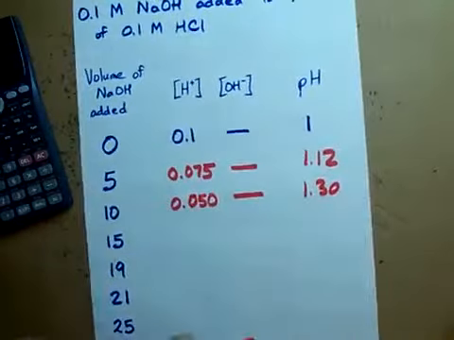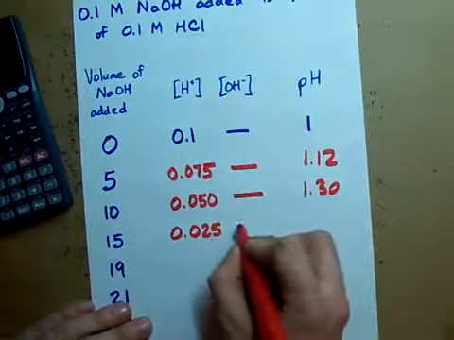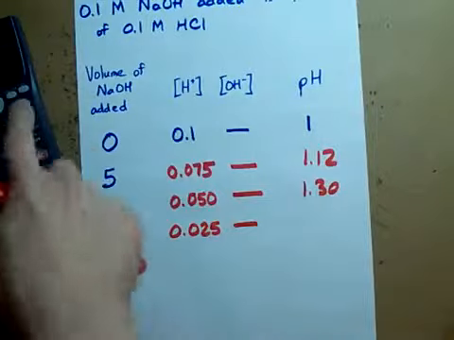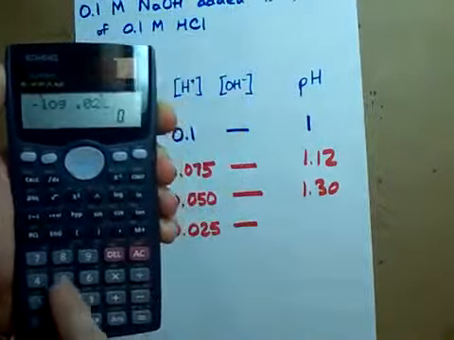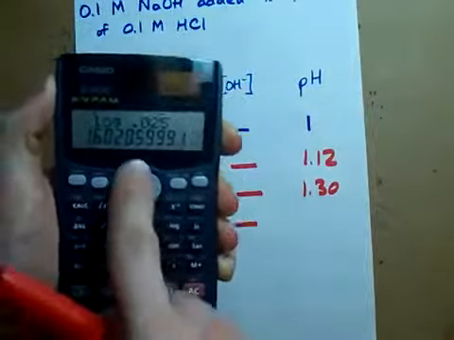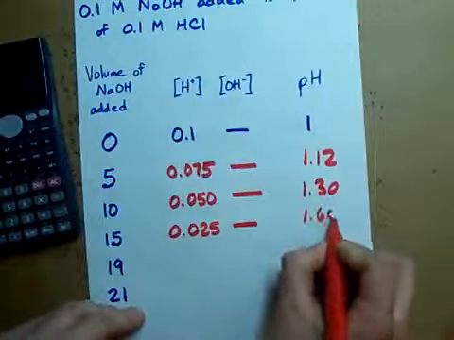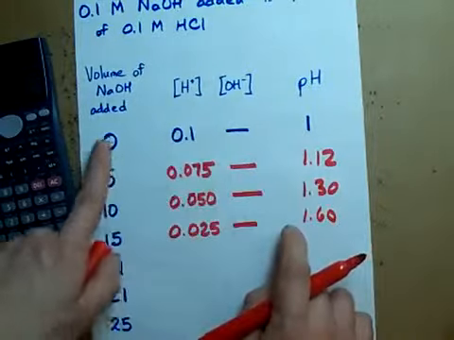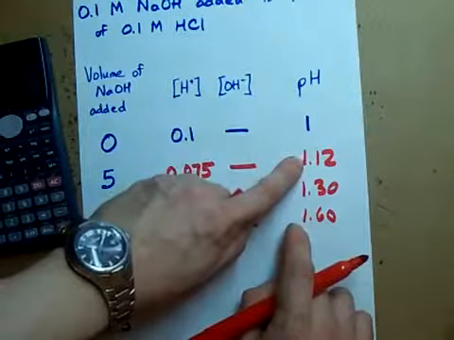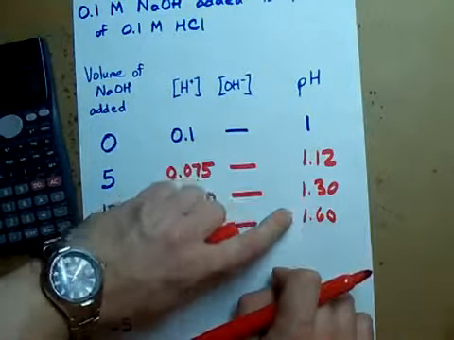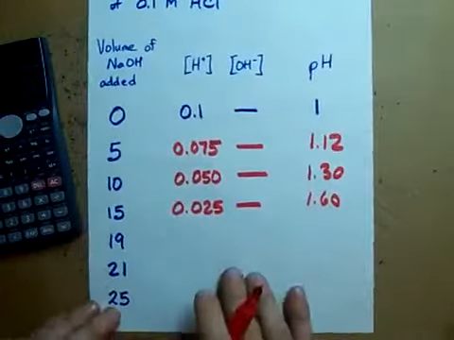If I add 15, I've titrated away 3/4 of my acid. Still no OH, but my pH has risen to negative log of 0.025, 1.6. You can see the pH, every 5 milliliters that I add, it increased the pH by 0.12, 0.18, 0.3. It's rising faster as we go along.